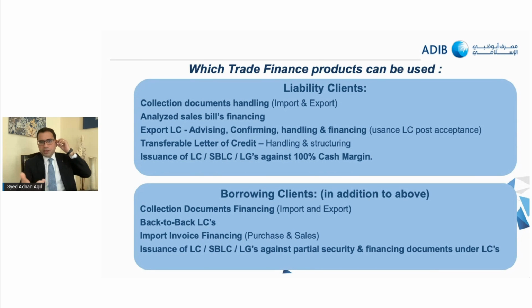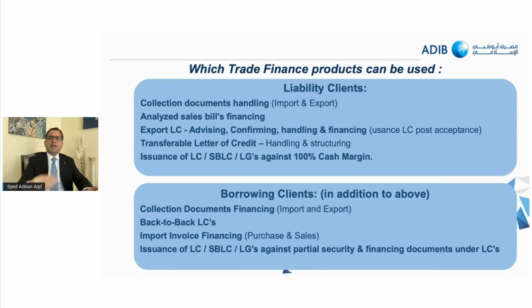So, like collection documents: if a customer is dealing with a not-so-familiar party as a buyer or as a supplier, we advise our customer, rather than doing open account trading where you are at the mercy of either the buyer or the supplier. If you're doing an advance payment as a buyer, then you are at the mercy of the supplier to make a shipment. So it's better to deal under collection documents because it's a much more secure way of doing business.